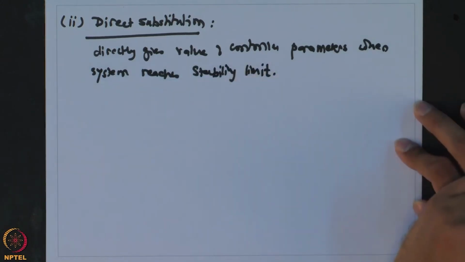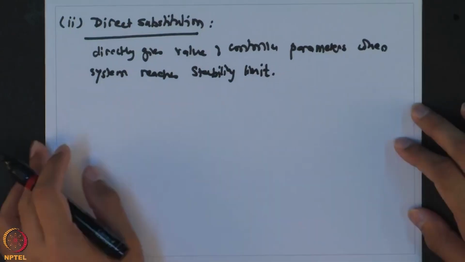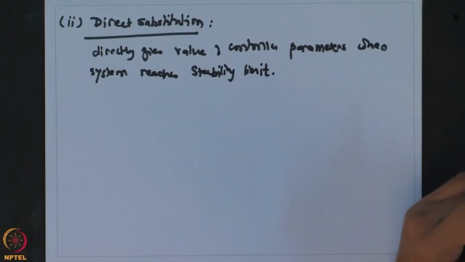Because if you see the effect of Kc or the controller gain on the stability of the feedback system with 3 CSTRs, for a small value of Kc, the system was very much stable without any sustained oscillation. As you keep on increasing the value of controller gain, the system oscillations will increase till a value of Kc equal to 64.